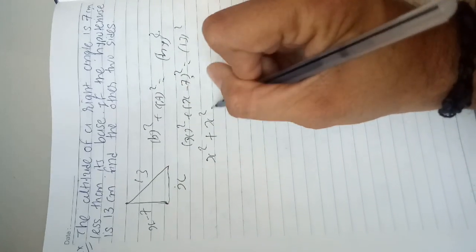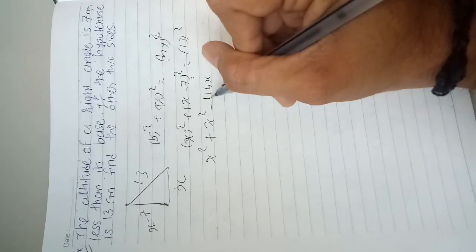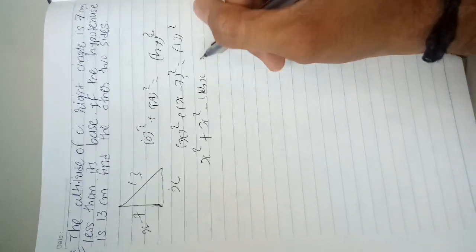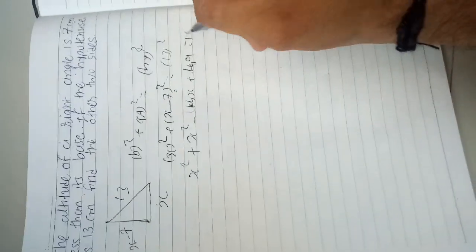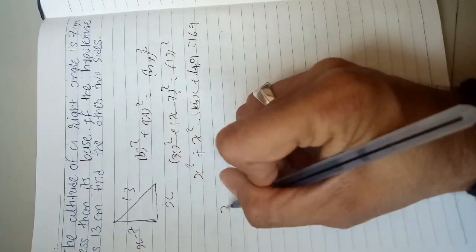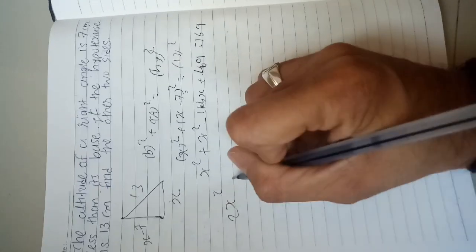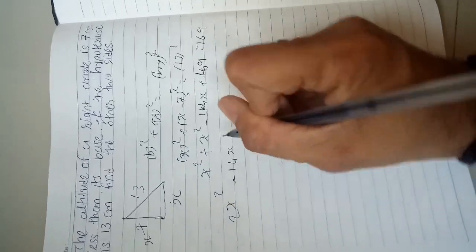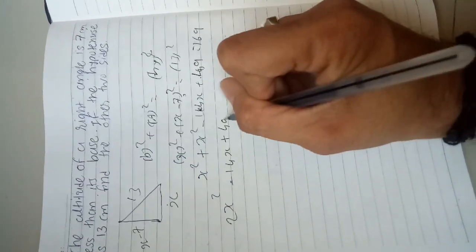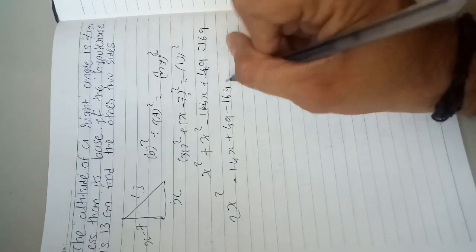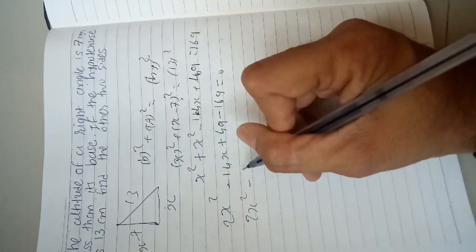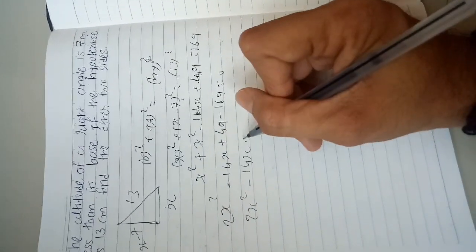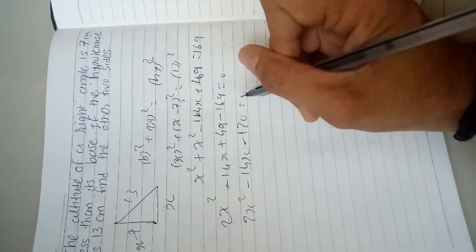So x square minus 14x plus 49 is equal to 169. x square plus x square, 2x square minus 14x plus 49 minus 169 is equal to 0. 2x square minus 14x minus 120 is equal to 0.